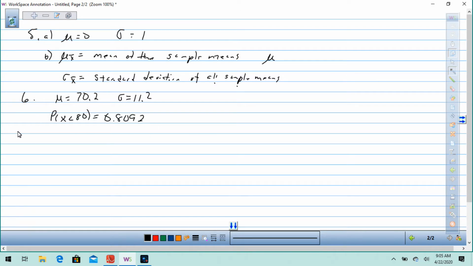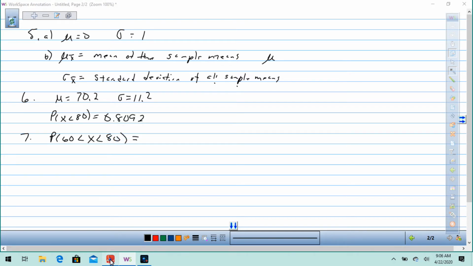Number 7, diastolic blood pressure. Find the probability that a randomly selected woman has a diastolic blood pressure between 60 millimeters and 80 millimeters. Okay, so the probability that 60 is less than X is less than 80.